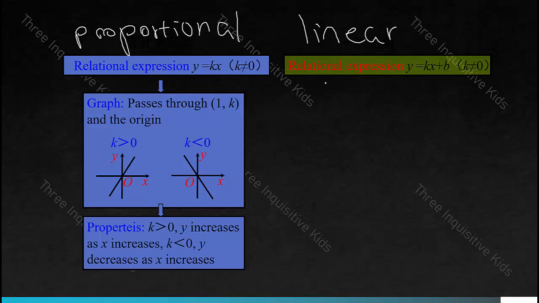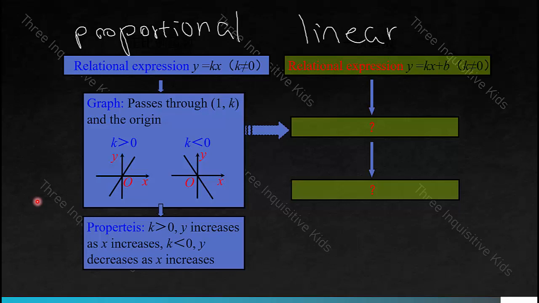So we start with the relational expression y = kx + b, where k is not equal to 0, because now we add a b, since a linear function can have a y-intercept that is not equal to 0. But what about the next two steps? What would its graph look like, and what would its properties be? These two boxes are what we're going to discover in this lesson.